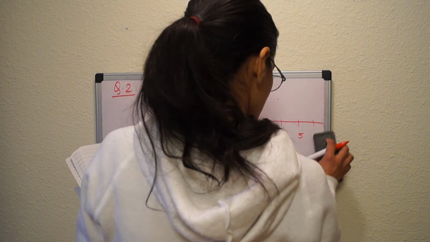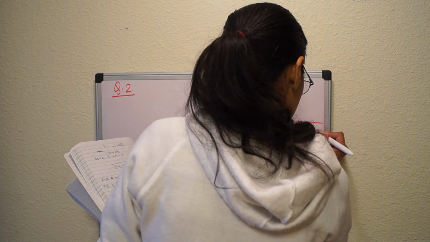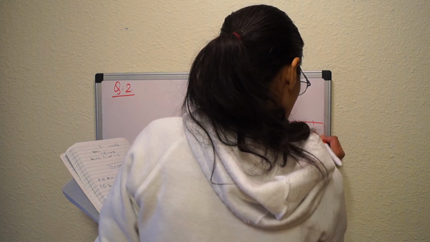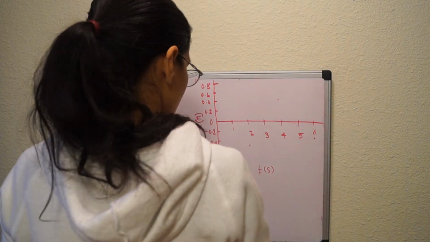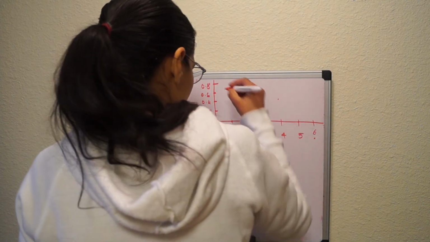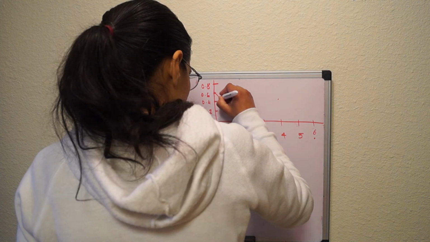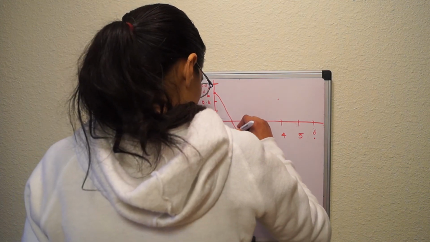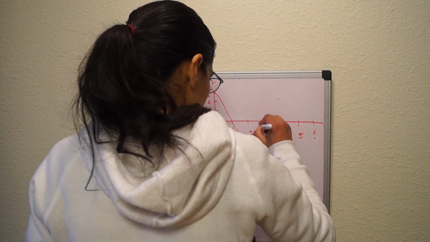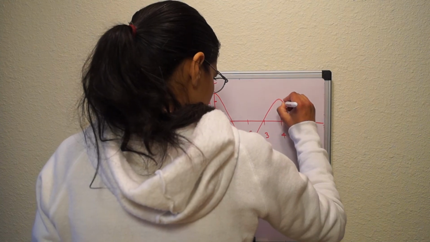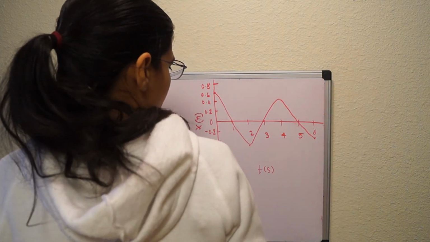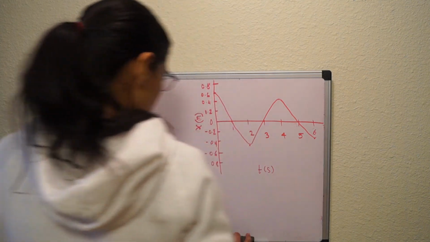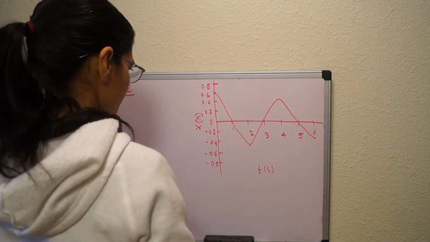Let me write this 6 a little bit up. We don't really need this part of the information, at least for this question. So let's try to draw it like this, okay? That is the graph we are given.